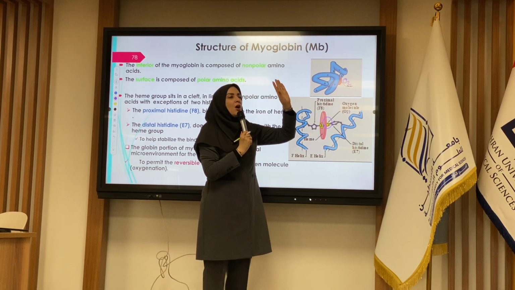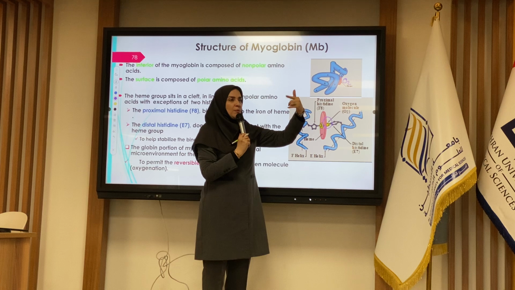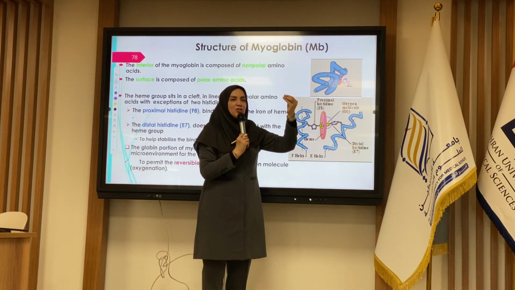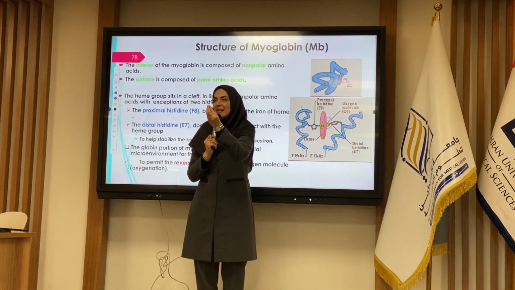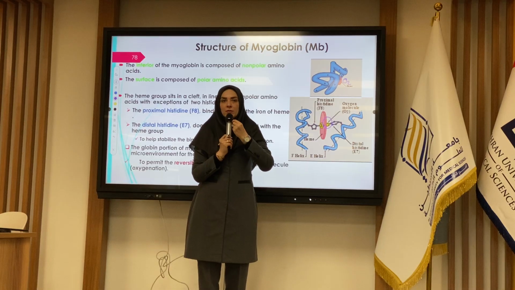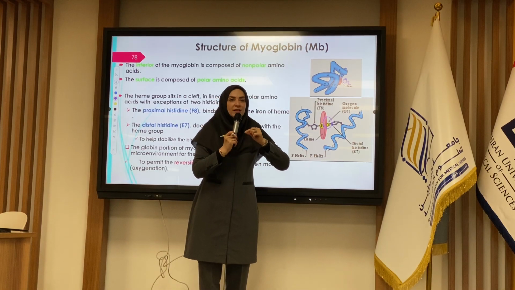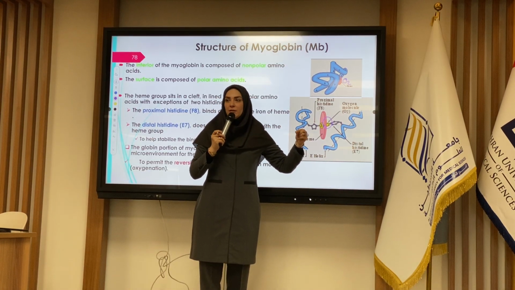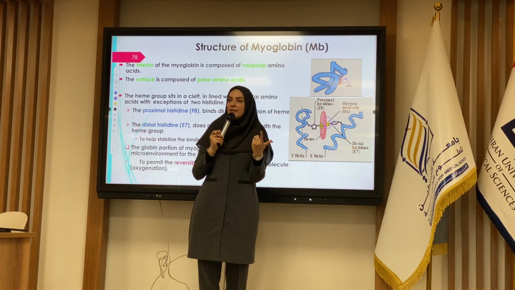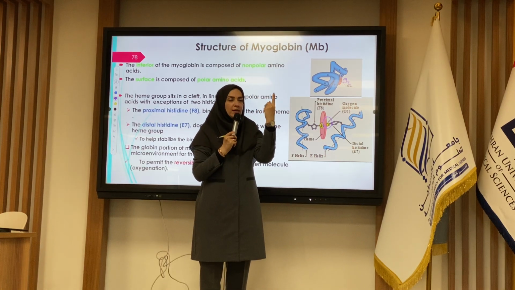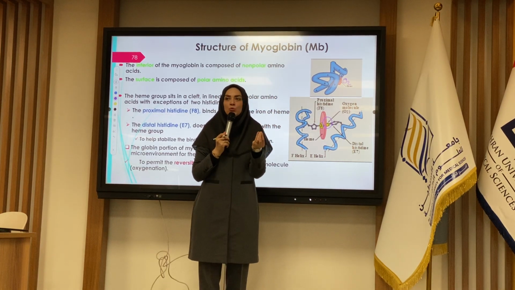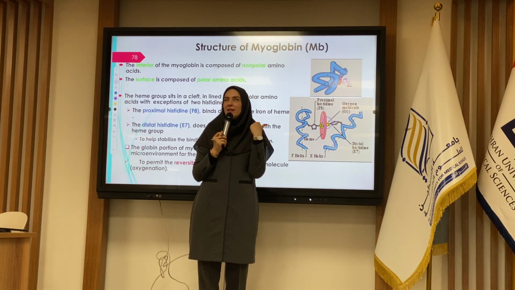I want to repeat an important point. How many chains are present in myoglobin? If you open the structure of myoglobin, it is a single chain, only 1. How many heme groups are present in myoglobin?